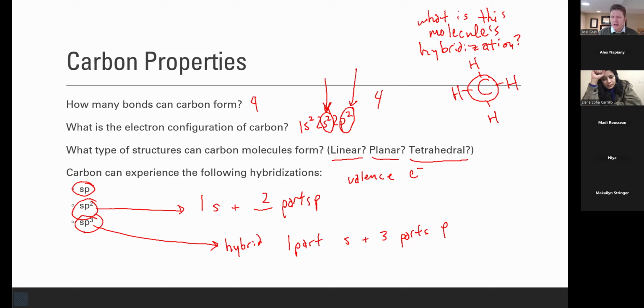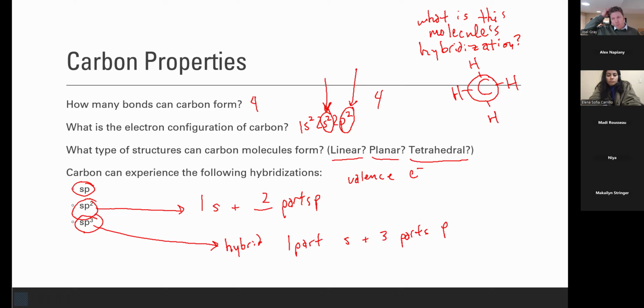When I'm asking what is the hybridization of this carbon within this molecule, I want you to look at it and say, well, really what I'm being asked is how many things is this attached to? Tell me in the chat, how many things is this carbon attached or bound to? 4. Okay.